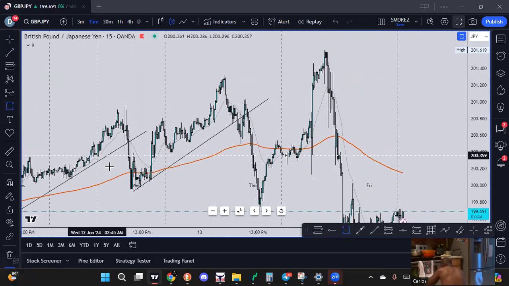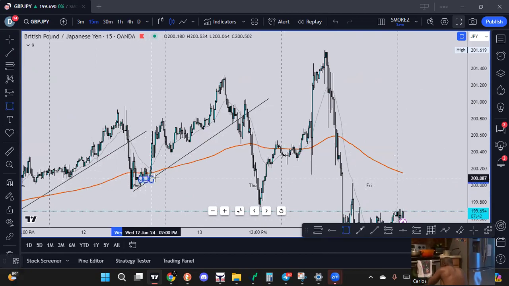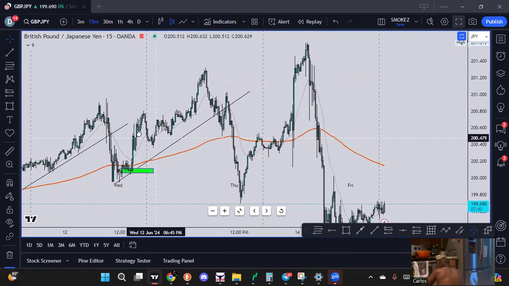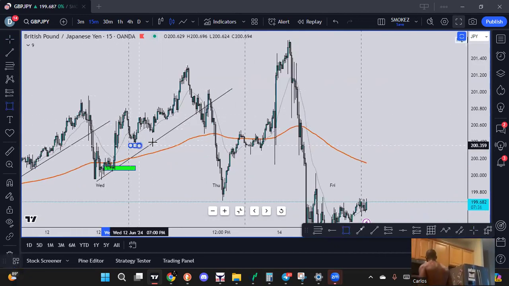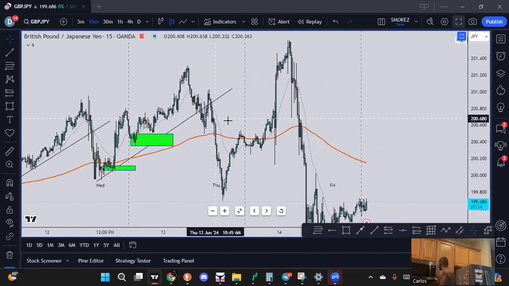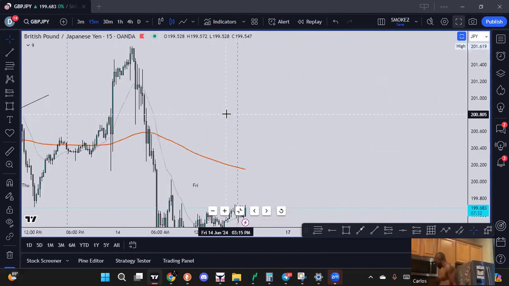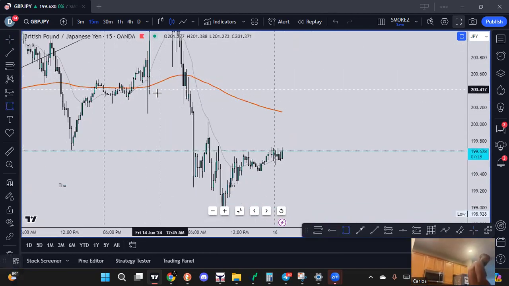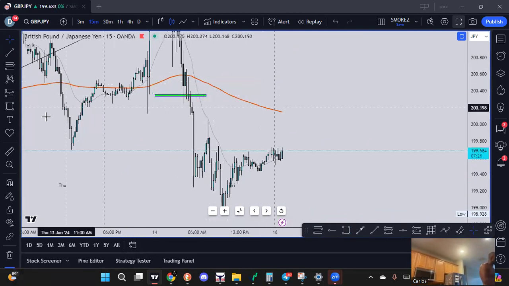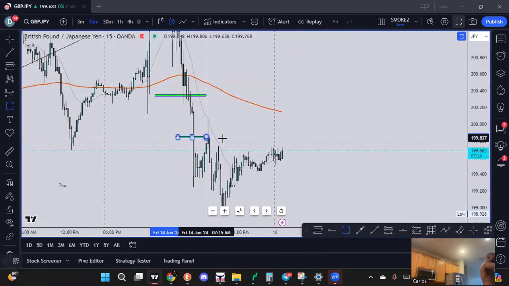All of these were buys that could have been taken, as long as it's above that EMA. Is that the 200 EMA? Yes. And below here with sells, you should be looking for sells only.